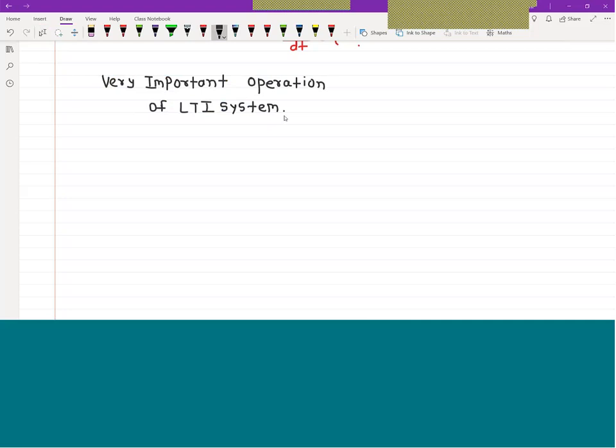A very important operation of LTI system is convolution, है ना?